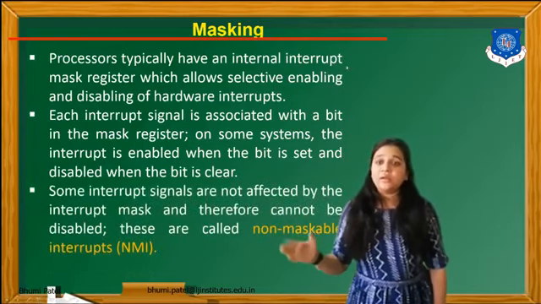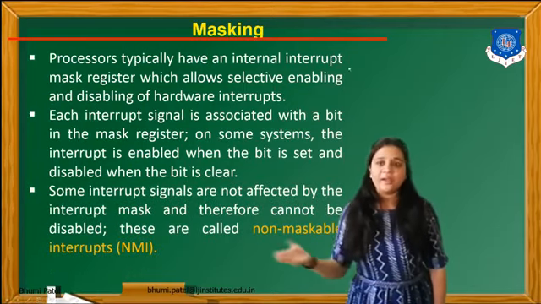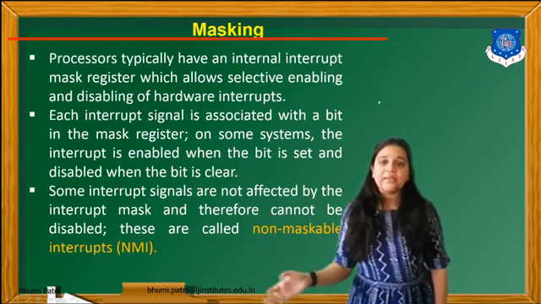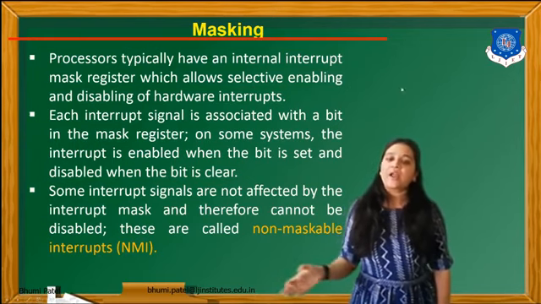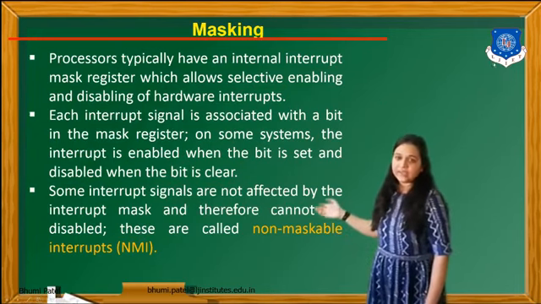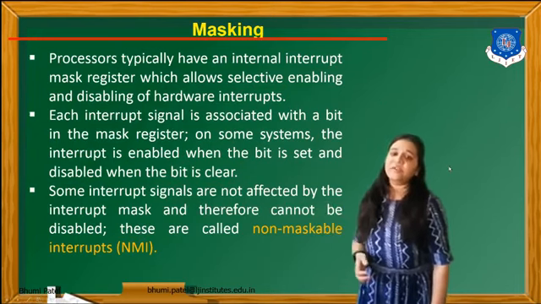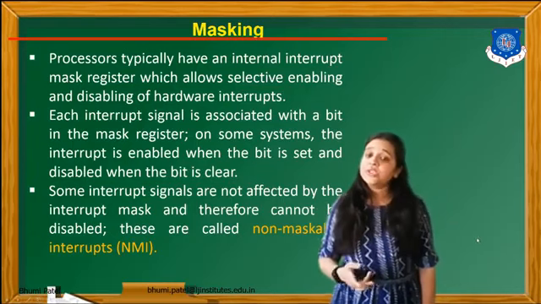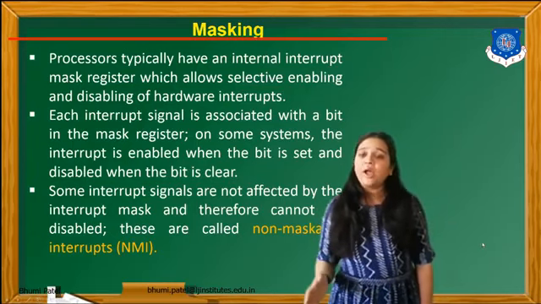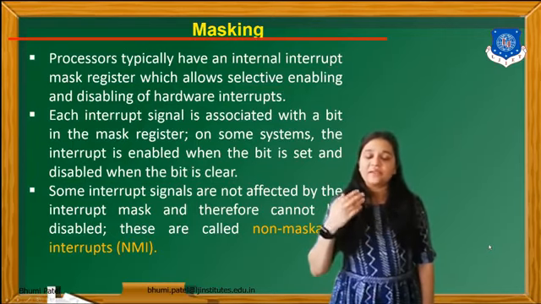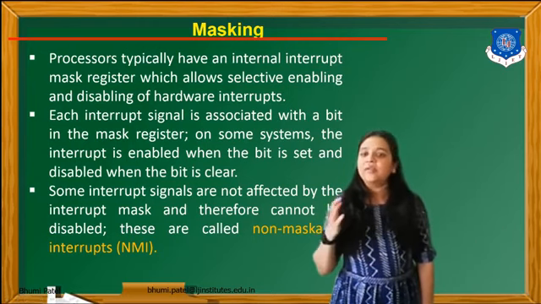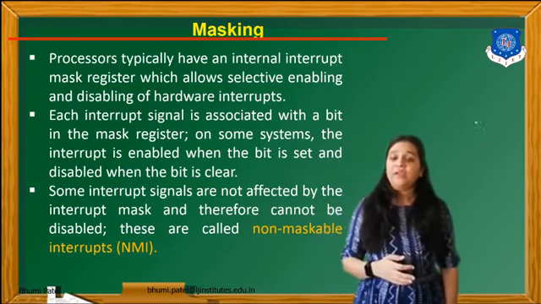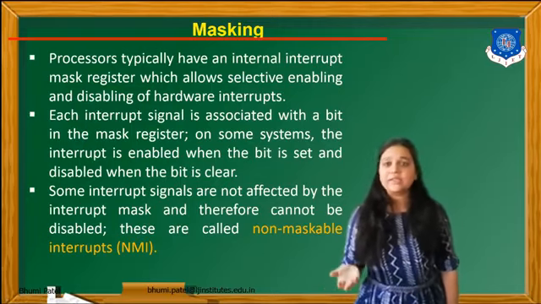Now some interrupt signals are not affected by the interrupt mask, and therefore cannot be disabled. These are called non-maskable interrupts. As we discussed earlier, we have two states, 0 and 1. If we set the bit, we can use the masking, and if we clear the bit, we can use the masking interrupt.